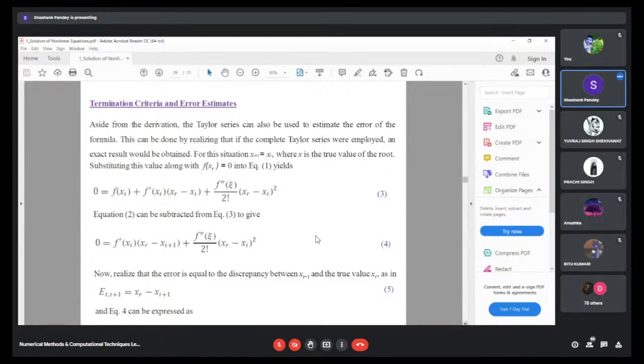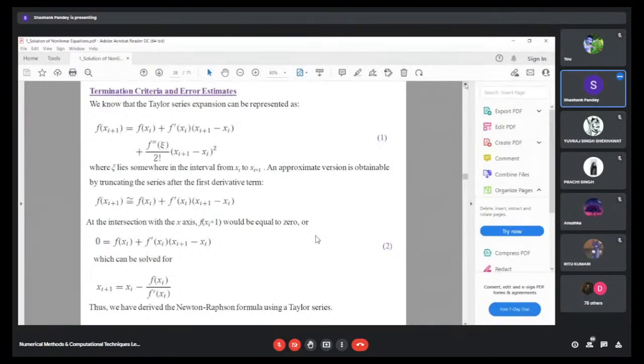So next what we do is we subtract equation 2 from equation 3. Equation number 2 is where we went only for the first 2 terms of the Taylor series, and in equation 3 we went for expansion up to 3 terms.